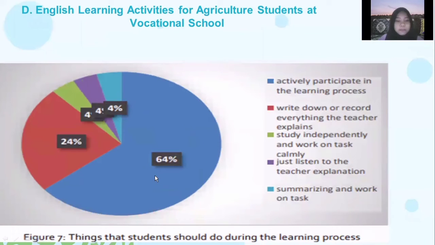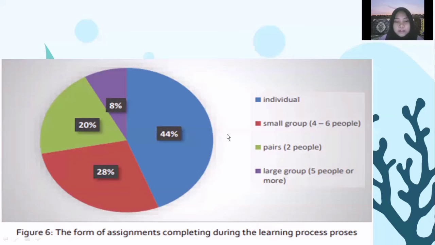Okay, next. The result of the seventh question about things that students should do during the learning process showed that about 64% of students chose to read down or record everything the teacher explained.